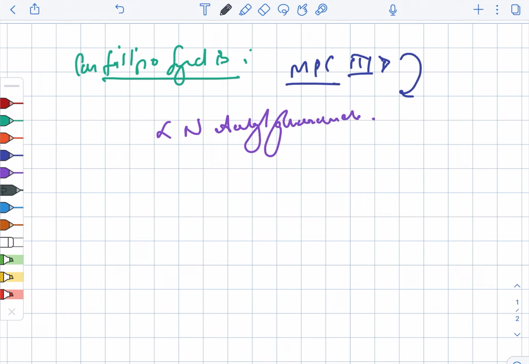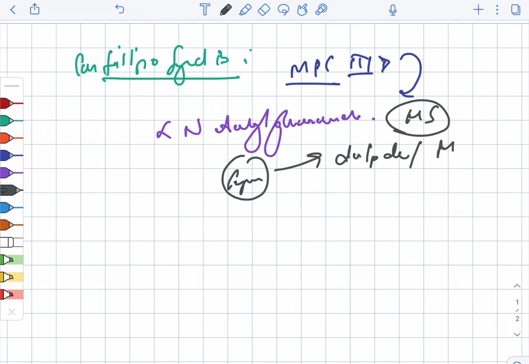Now the GAG affected here is the heparan sulfate, and the symptom is same. There is a developmental delay as well as the motor dysfunction.